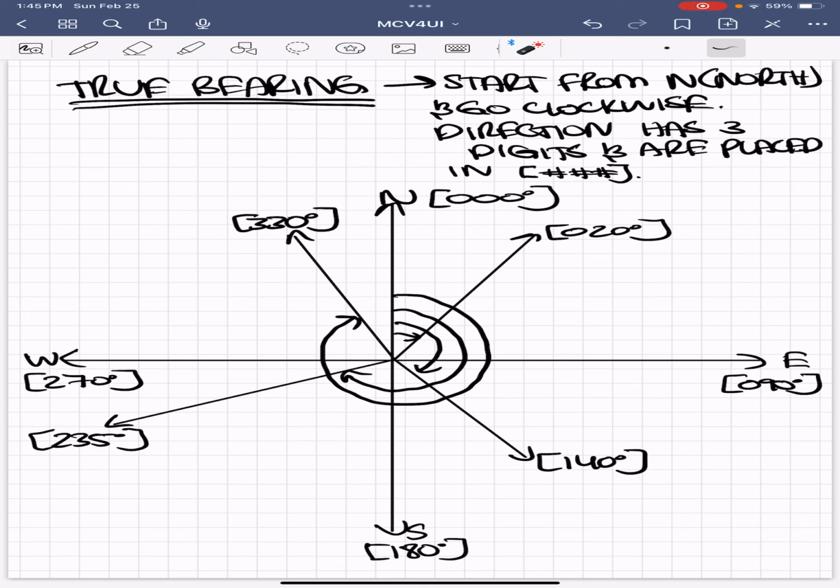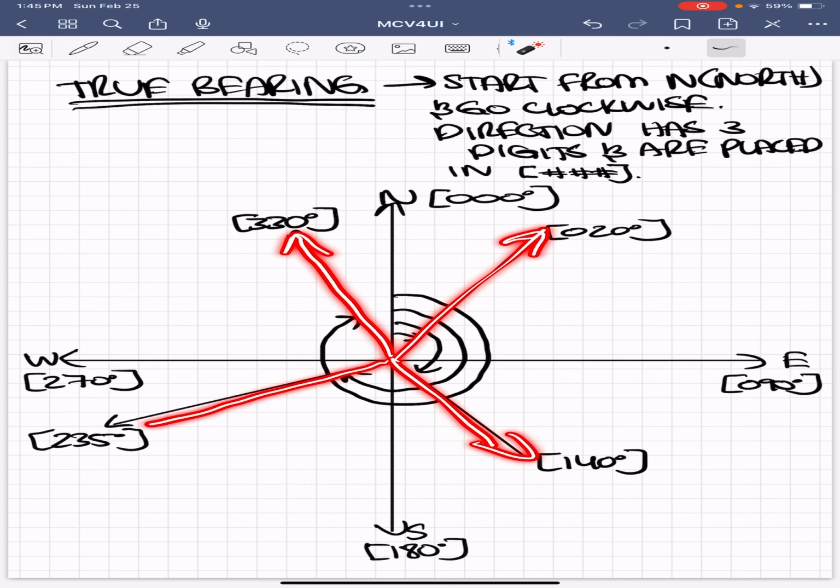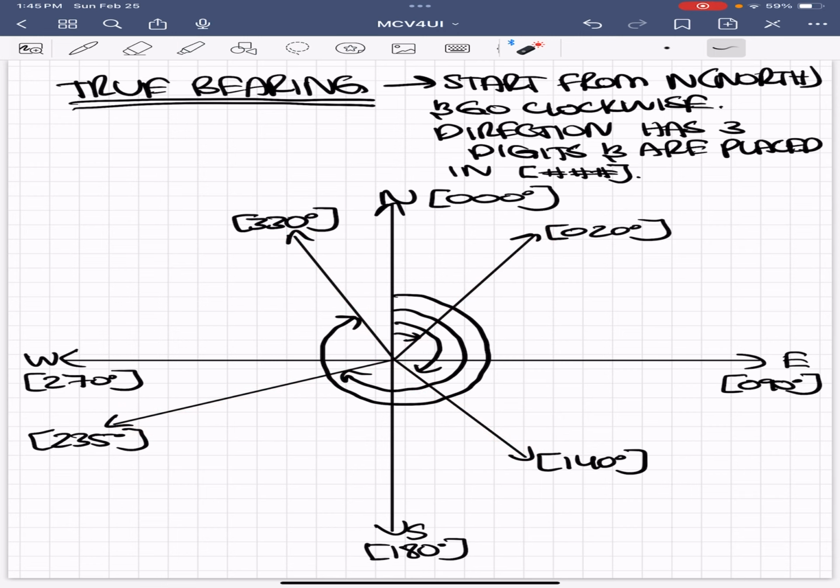And then I have, so you see I have different vectors going in different directions, or arrows, I would say. And right here would be about 20 degrees. So that is how I would put a true bearing vector.